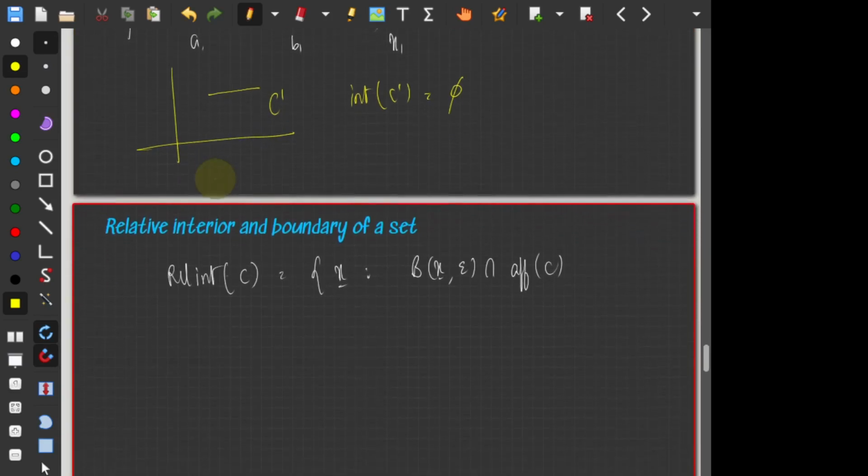So if you take a ball centered at x of radius epsilon, now this is an n-dimensional ball, but I take the intersection with this particular affine set. That's going to be a ball, but in smaller dimension. So think about the following: you take a three-dimensional ball and take the intersection with a plane. What am I going to get?